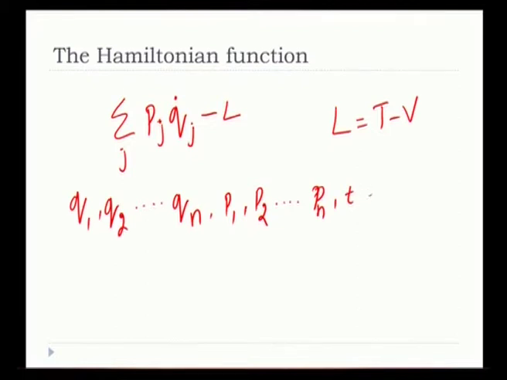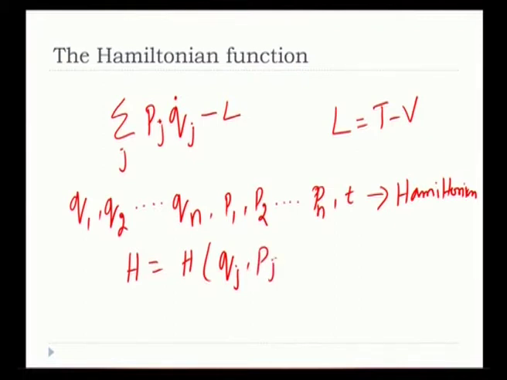This is called the Hamiltonian. This Hamiltonian is denoted by H. Therefore, H is equal to H of qj, generalized coordinate of the jth particle, then momenta of the jth particle, t.